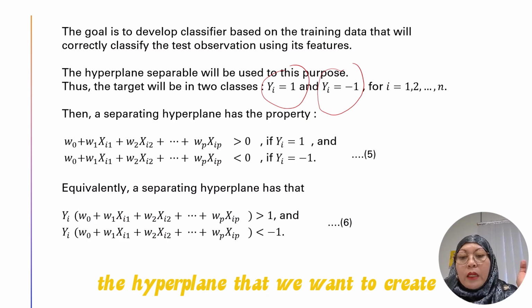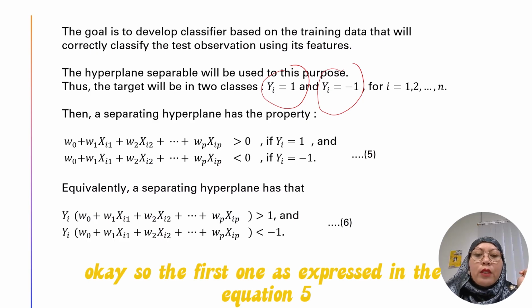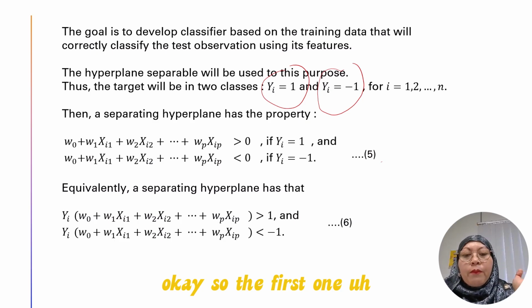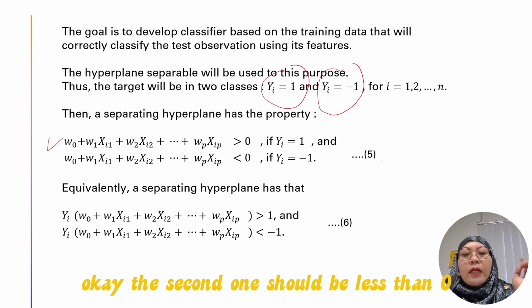Then the hyperplane that we want to create must have two properties, as expressed in equation 5. The first one, the hyperplane should be greater than 0. The second one should be less than 0.